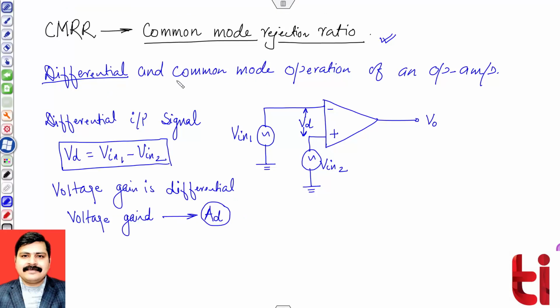AD is concerned with the differential operation of the operational amplifier. For common mode operation, one can easily understand the term from the name. That means a common signal has to be applied to both inputs. So for that, I am making a short circuit across both and giving a common signal to my inverting and non-inverting terminals, V1 and V2.